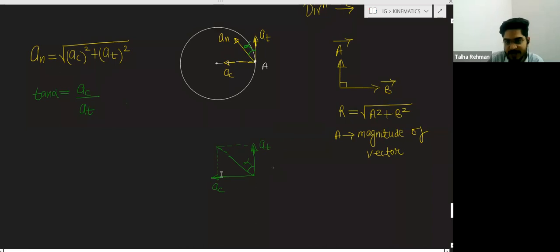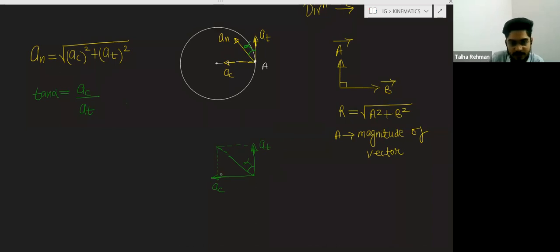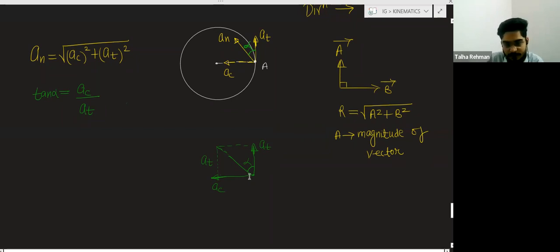This is also AD, and the length of this is also AD. This is AC. The length of this arrow is AC, and this length is also AC, because this is a parallelogram.